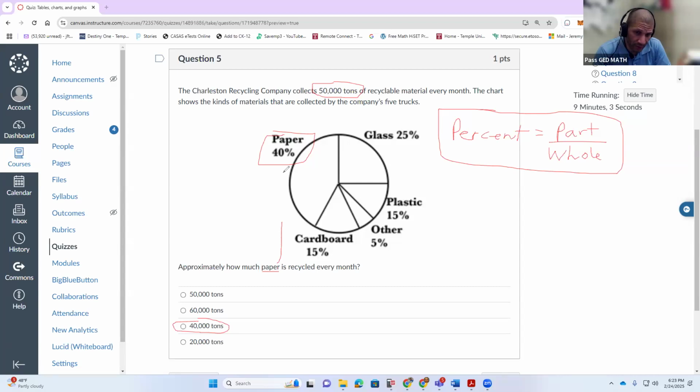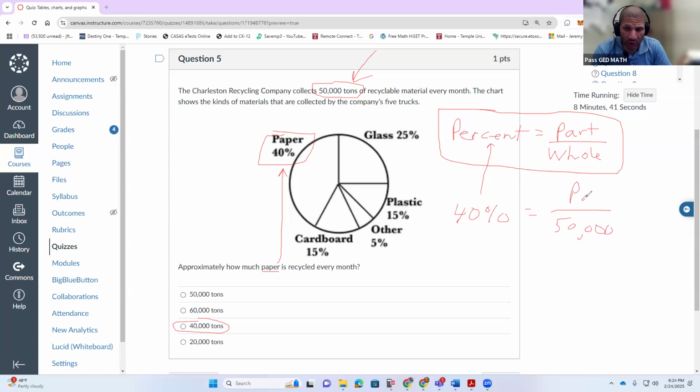We know how much paper is recycled, 40%. So we know the percent. We know that the total amount of recyclable collected is 50,000 tons.